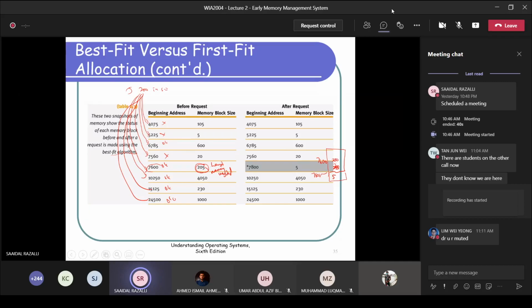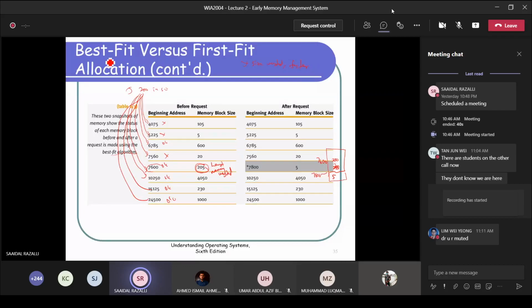First fit is faster, but it wastes a lot of memory. Best fit has the best memory size management, but it's slower. So first fit: size wasted but faster.